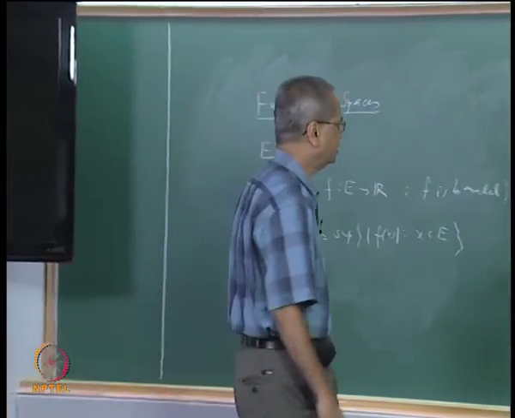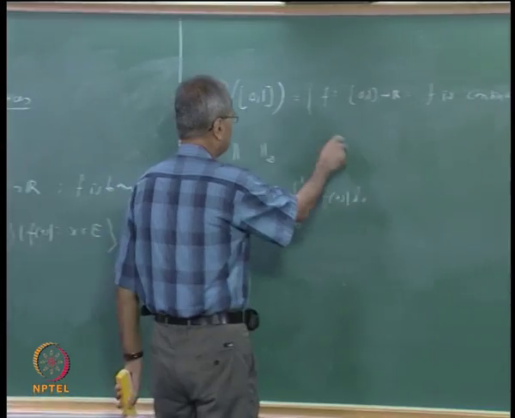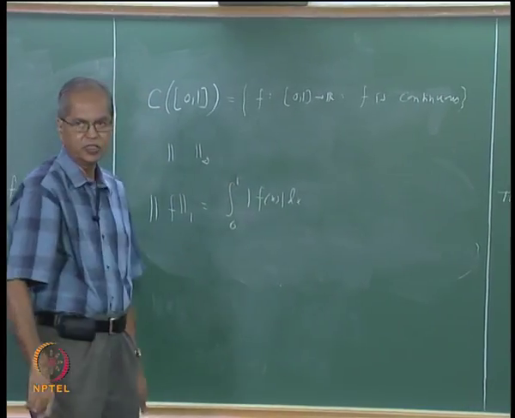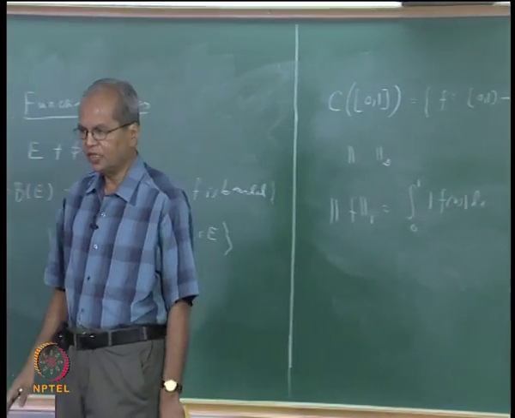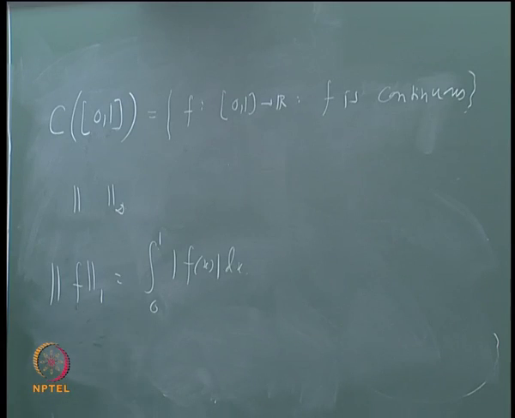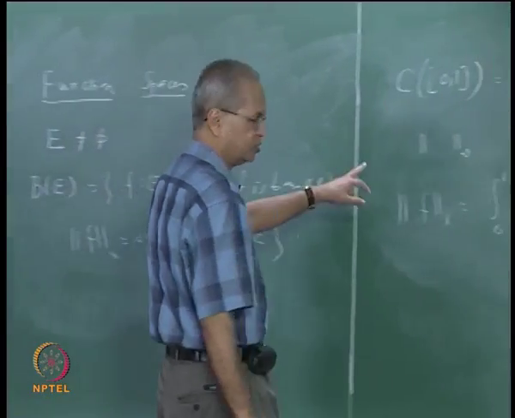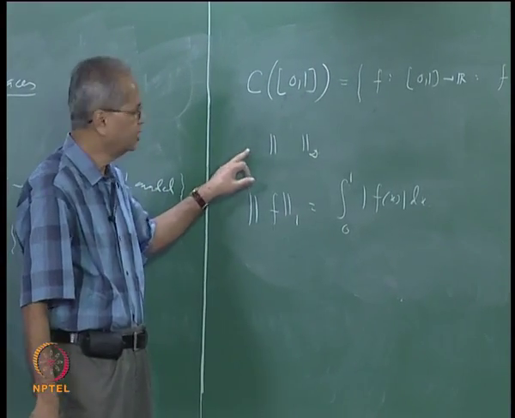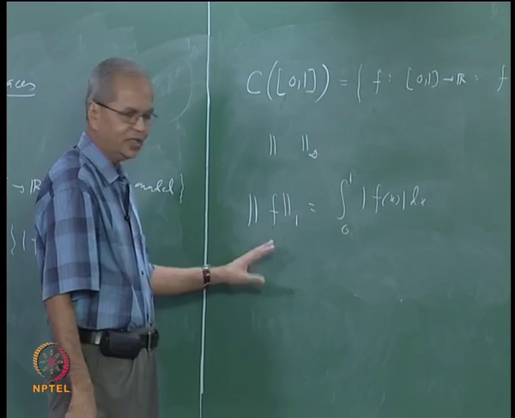But that is avoided by the continuity. If the function is non-negative and continuous and if the integral is 0, then we can show that the function must be 0 everywhere. That is where this continuity is used.